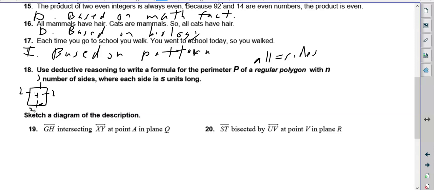So that'd be 2 plus 2 plus 2 plus 2, which is 8. All right? But a shortcut to addition is multiplication. So, therefore, perimeter of a regular polygon is the number of sides times the side length. All right, so that's a shortcut.